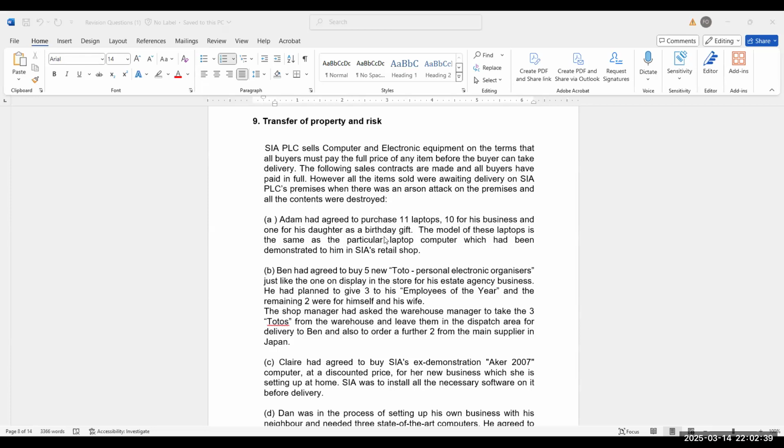We see that he bought 11 computers, 10 for his business and one for his daughter's birthday. And he has had the model demonstrated to him in the shop. So that means these are uncertain goods because they have not been identified and agreed upon at the time of the contract.